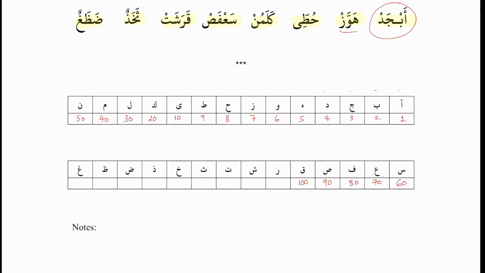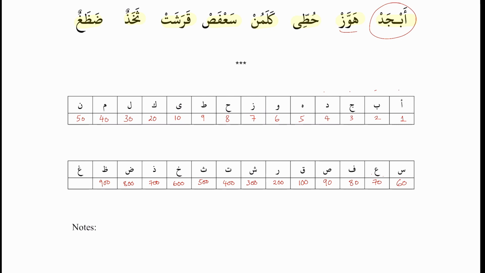So Ra, 200. Sheen, 300. Ta, 400. Tha, 500. Kha, 600. Dhal, 700. Dad, 800. Dha, 900.